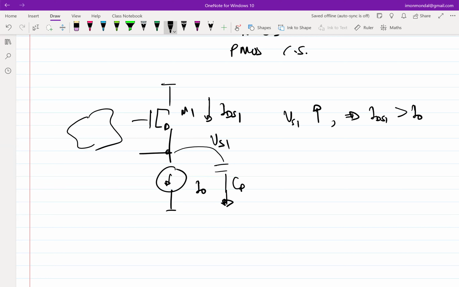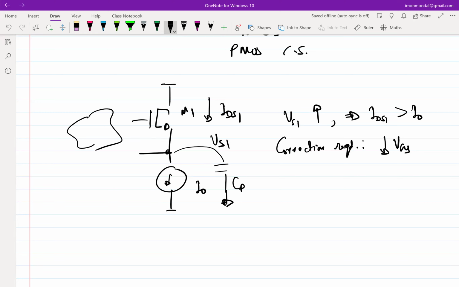So the corrective action required is, what should I do with regards to VGS? We need to decrease VGS, right? So the corrective action is decrease VGS. We don't want to touch the source because we want to touch the gate.